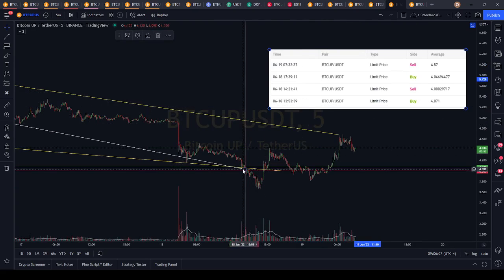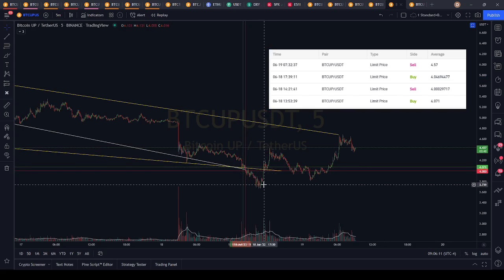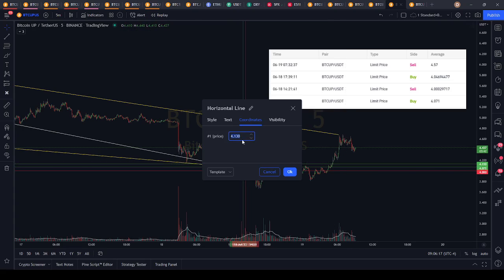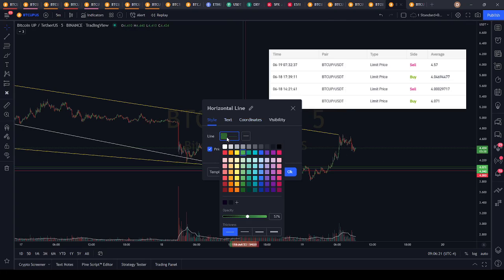And I'm going to get rid of the ones that are here. So you can, no, I won't. I'll leave them. All right, so we're 4.04 on a buy. And I need to make these a different color. Unfortunately, it's not going to match.